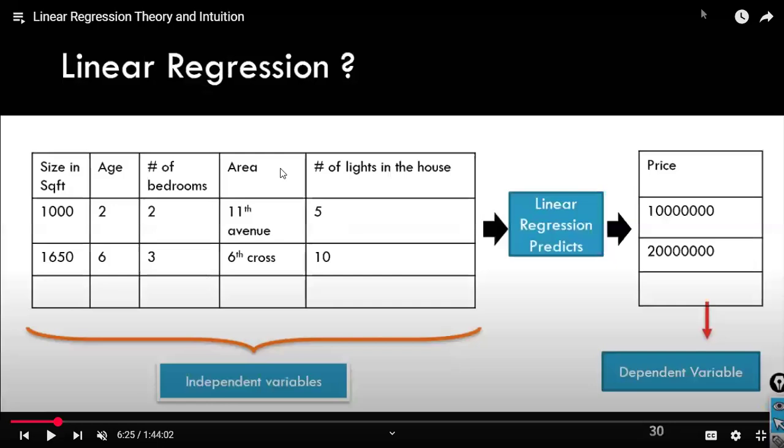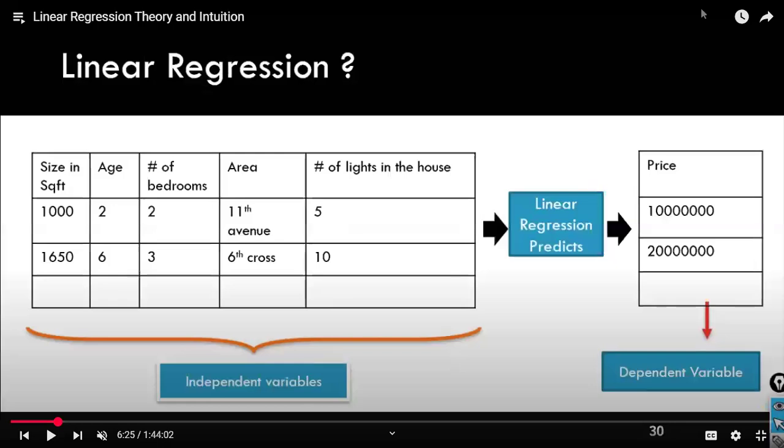These are called the input features. Some people call them the independent variables. This is called the dependent variable. So why is it called a dependent variable? The price depends on these factors, isn't it? If I say the price of the house is 2.5 crore, the next question somebody asks is, what is the square feet? 2,000 square feet. What is the location? Let's say Adyar or Besant Nagar.